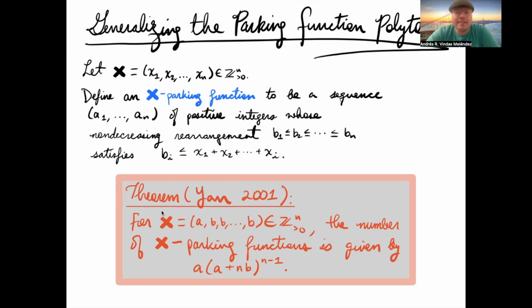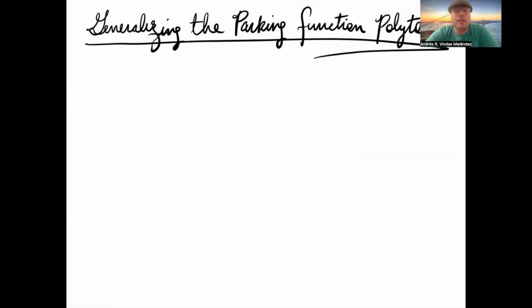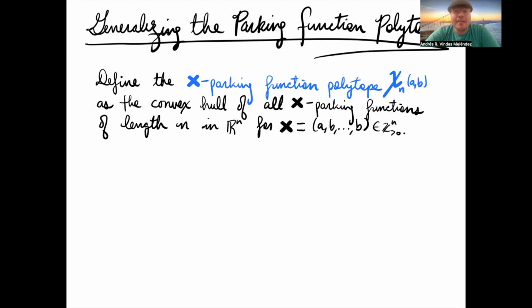So following the same idea from Yan of using x equals a, b, b, b, b, that's the setting that we're going to be working with. We define the x parking function polytope, specifically for x equals a, b, b, b, b, and we denote it x sub n of a comma b.